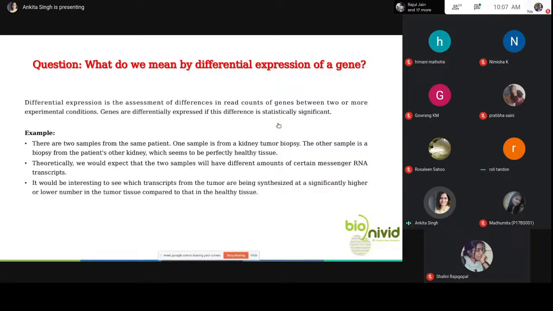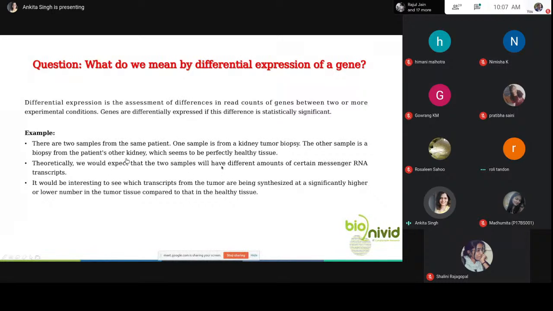And while I align the reads, the number of reads which are aligning to a gene gives a count data. So example over here, you can read it.